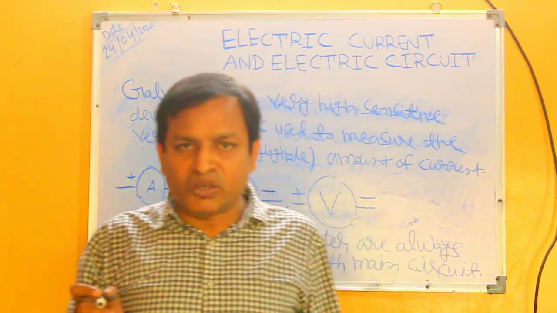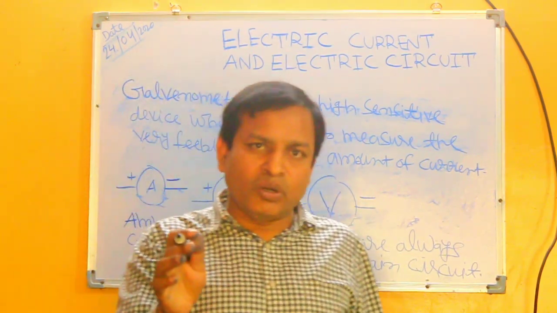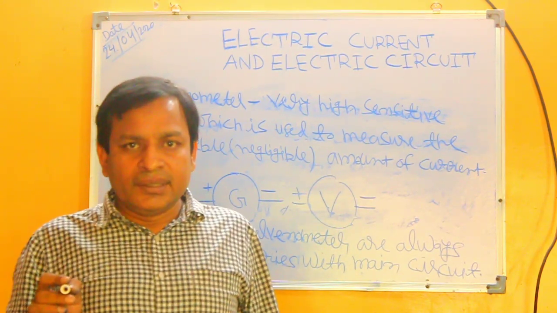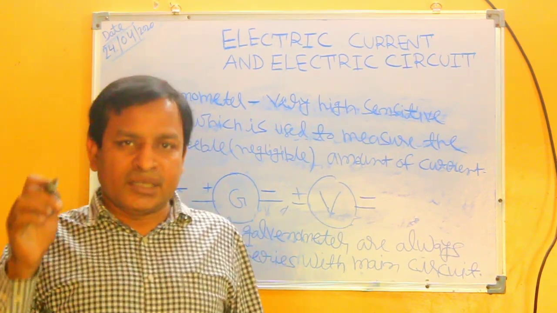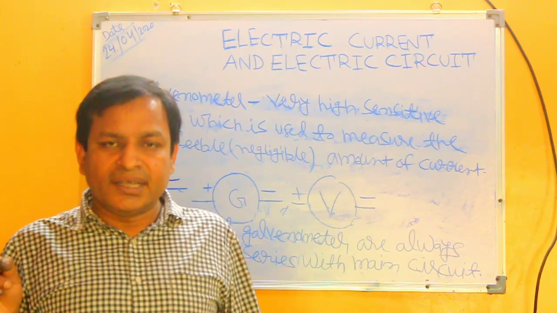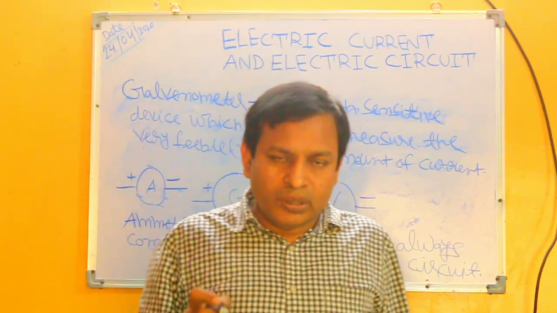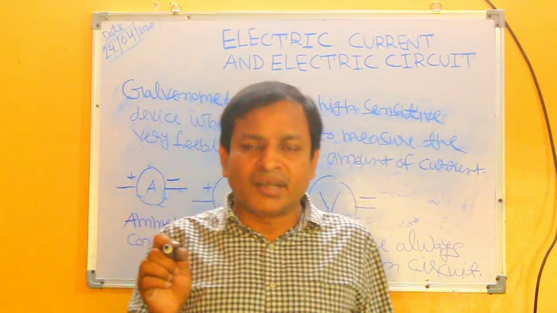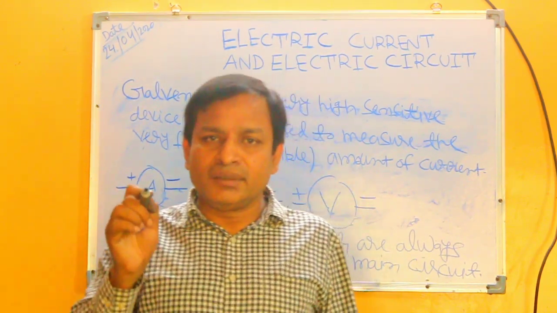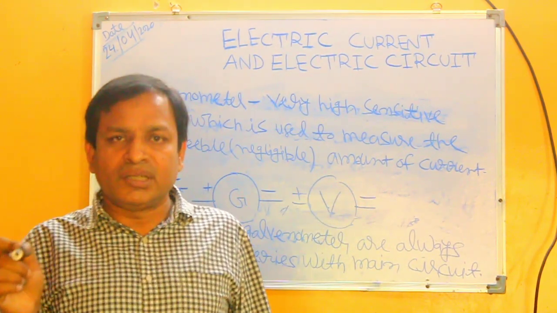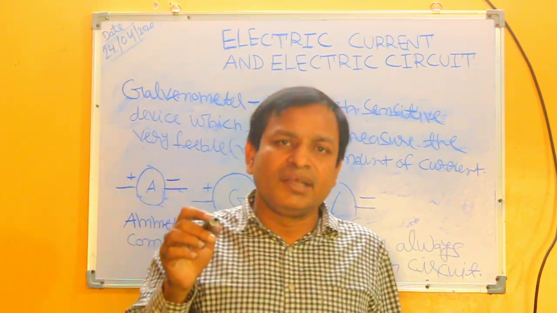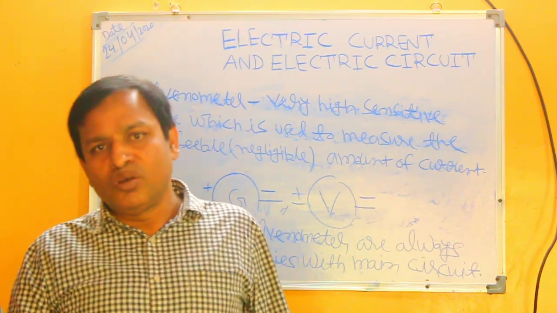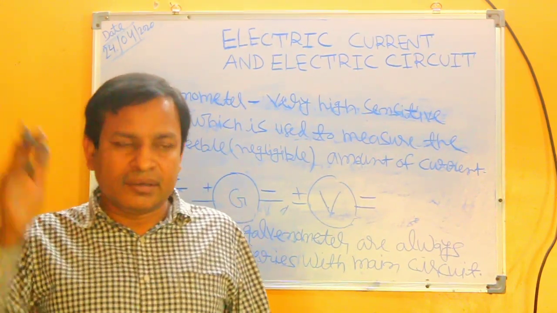But when the electron was discovered, it was found that it is the actual charge which constitutes the electric current in the circuit. So the actual direction of flow of current in an electric circuit is the direction of electron flow. It means it is opposite to the flow of charge given earlier.